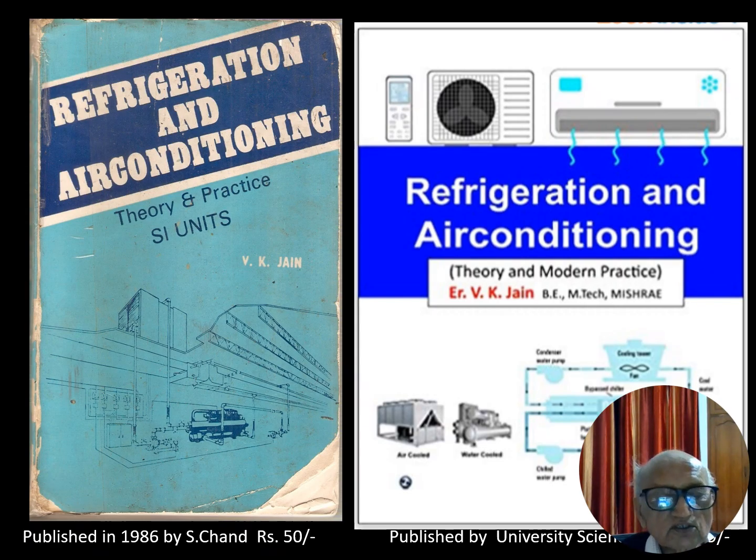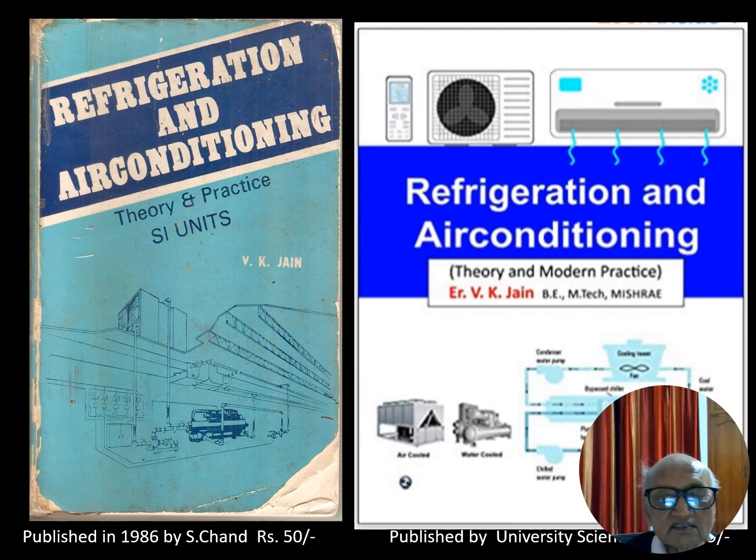Dear friends, I have shown here two books written by me on refrigeration and air conditioning. The first, shown on the left-hand side, was written by me about 30 years ago, published by S. Chand and Company, and it was then selling for only 50 rupees, containing about 600 pages.